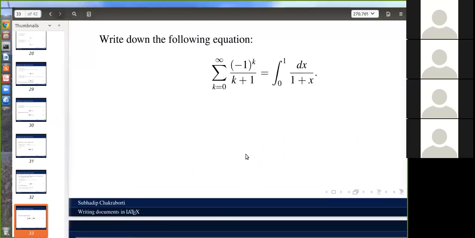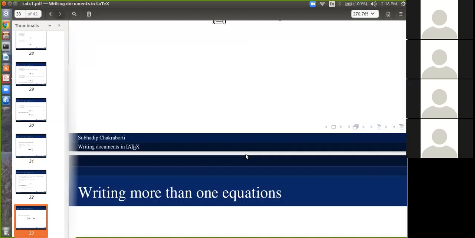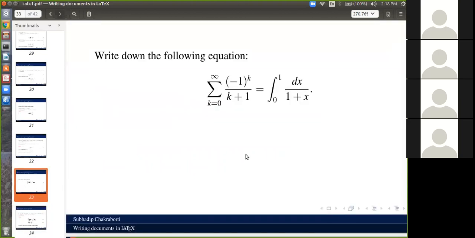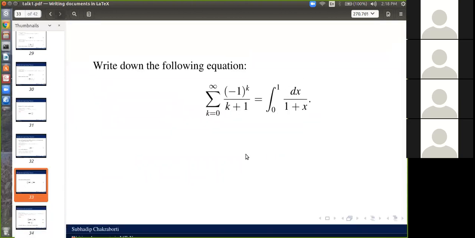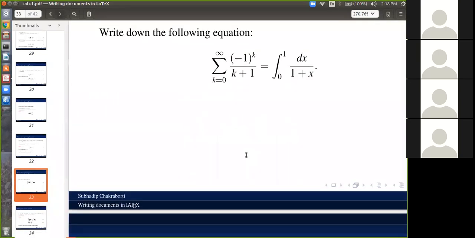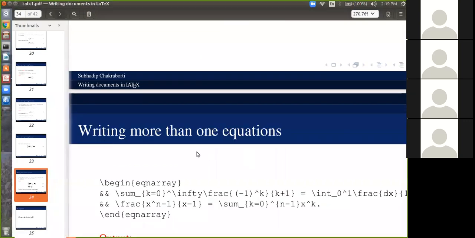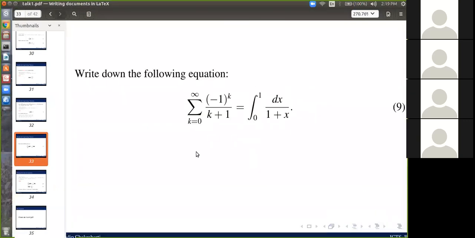So let me practice this one also. Then I will go to more than one equation. So let me do this.